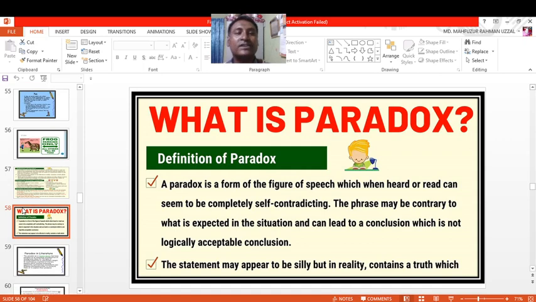And another literary device is paradox. A paradox is a form of the figure of speech which, when heard or read, can seem to be completely self-contradicting. The phrase may be contrary to what is expected in the situation and can lead to a conclusion which is not logically acceptable.